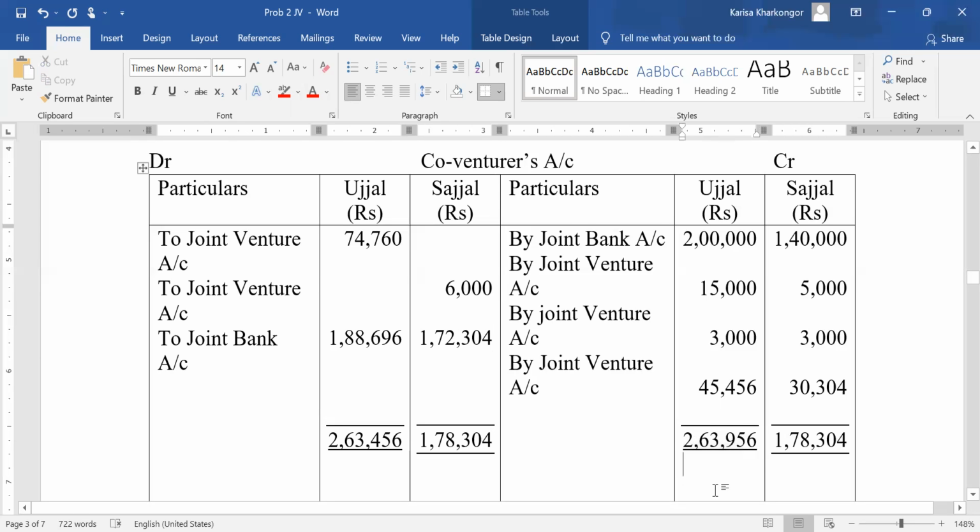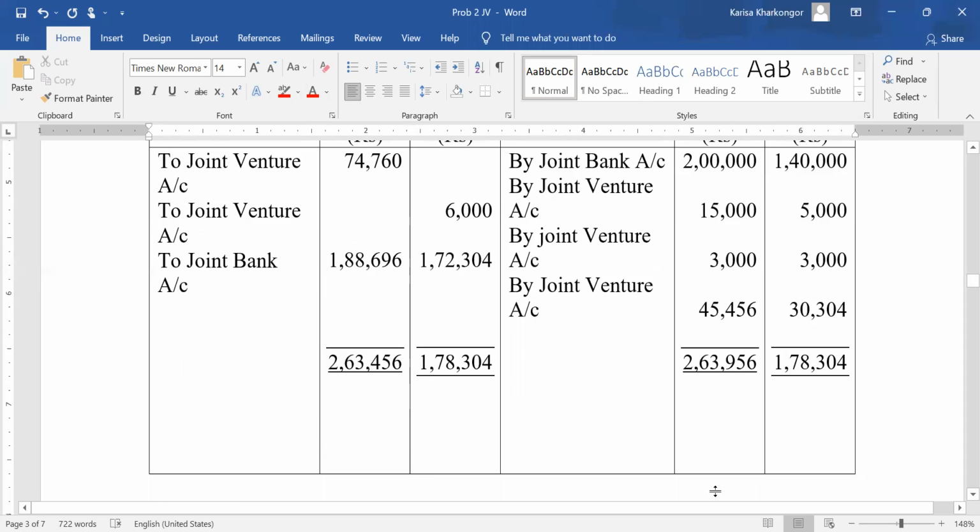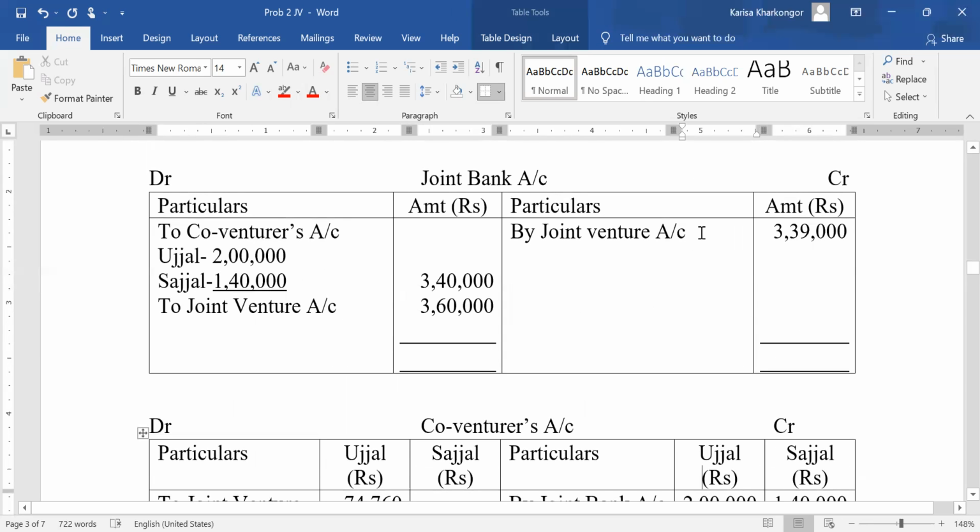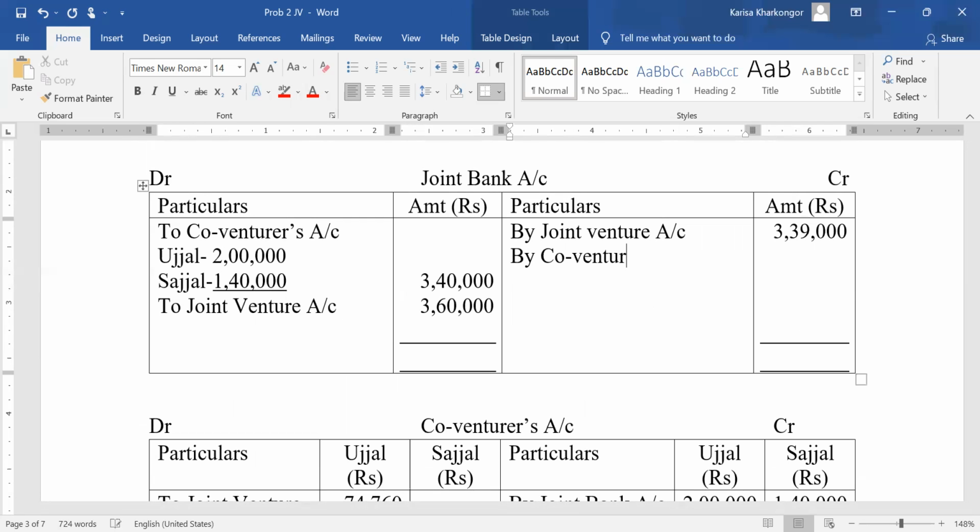So now we can close off the joint bank account. By co-venturers account, this is the entry for closing of the co-venturers account, which was transferred to joint bank account. Ujjwal 1,88,696. Sajal 1,72,304.